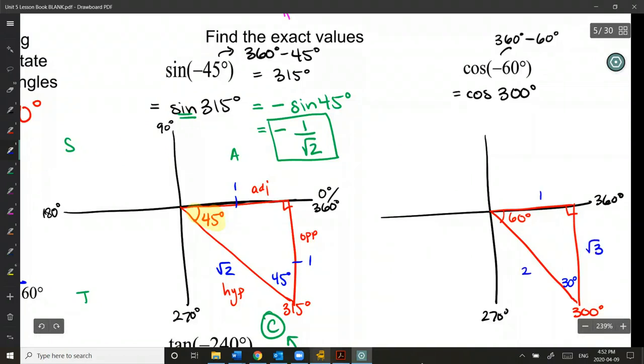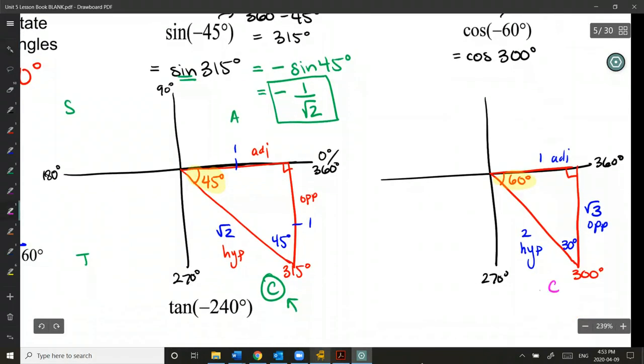Remember, 1 always needs to be across from the smallest angle, which is 30. Root 3 is always across from 60. And the hypotenuse of the triangle is always 2. Now, based on our reference angle of 60, that makes this adjacent, opposite, and hypotenuse. Okay, the final thing that we need to consider is the CAST rule. And the CAST rule tells us we are in the cosine quadrant.